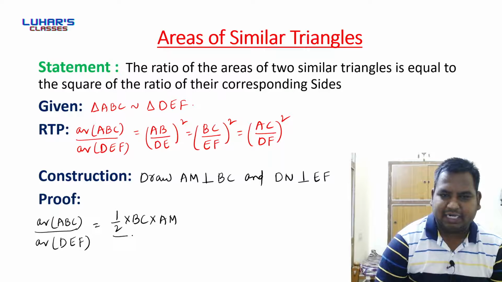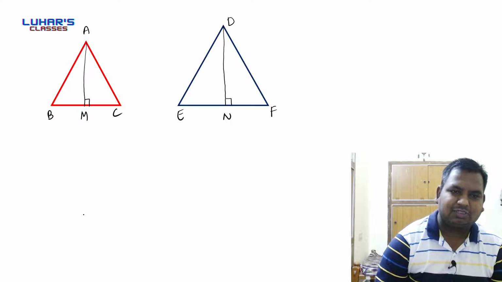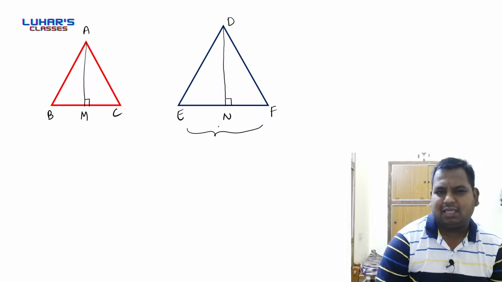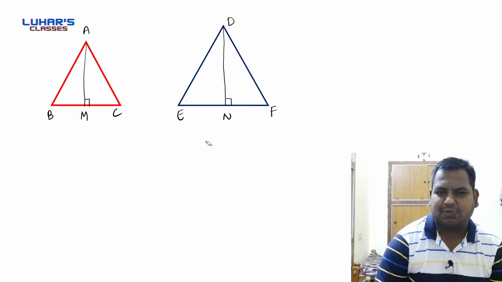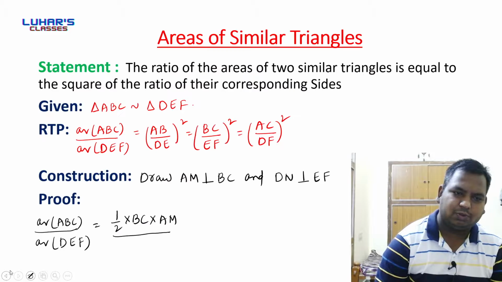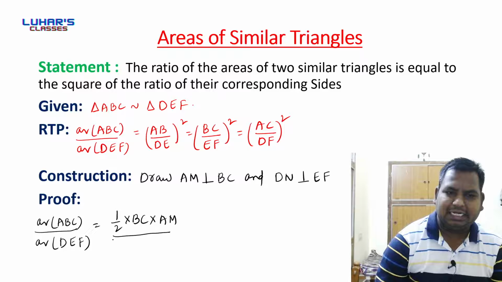Next, area of triangle DEF. In the case of triangle DEF, if I consider EF as base, what is the corresponding height? The corresponding height is DN. So area of triangle DEF will be equal to half into base EF into height DN.